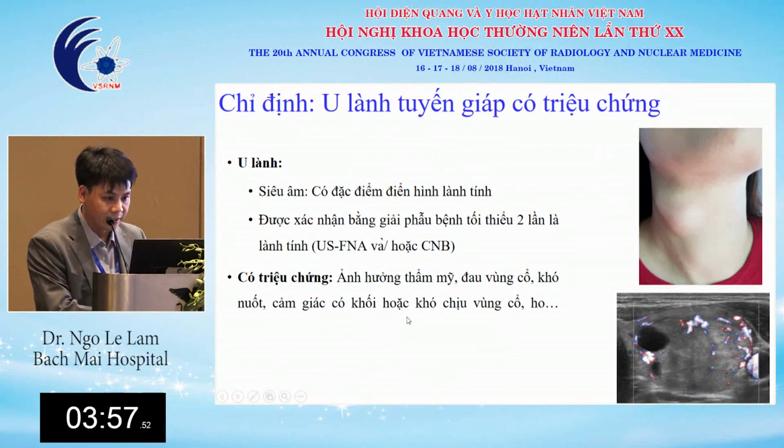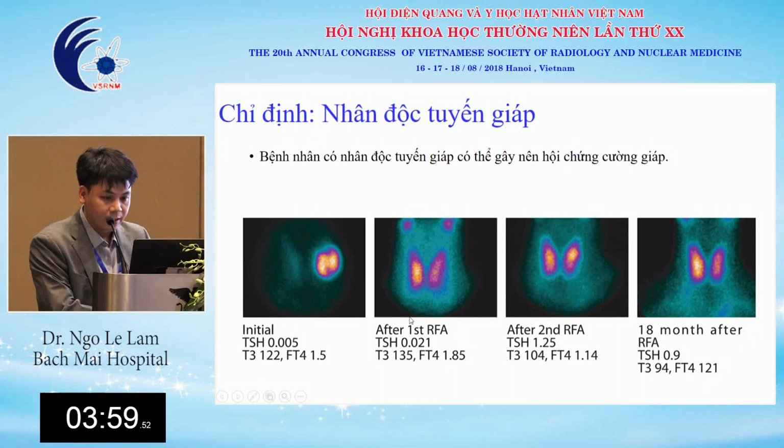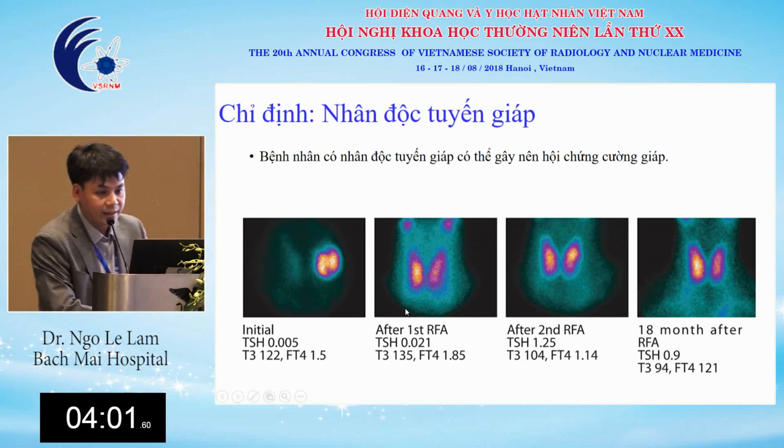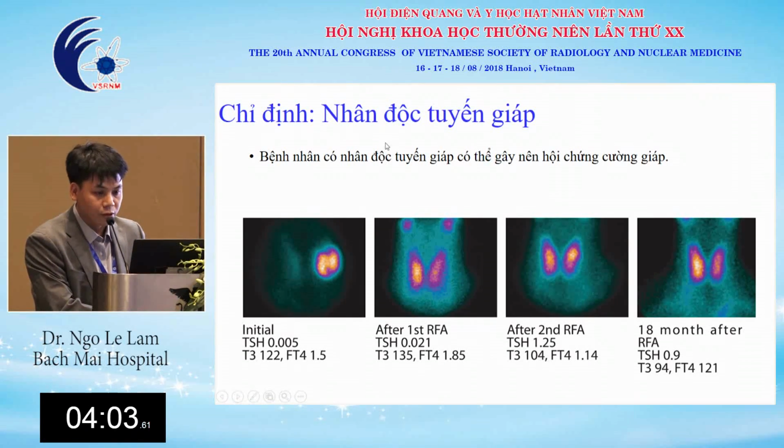The patient has discomfort in the neck area, so we need to have a treatment. Sometimes we need to treat the thyrotoxic nodule, like what we have seen on ultrasound. We can see this patient on ultrasound. We can see the lesion, but clinically the patient has hyperthyroidism.